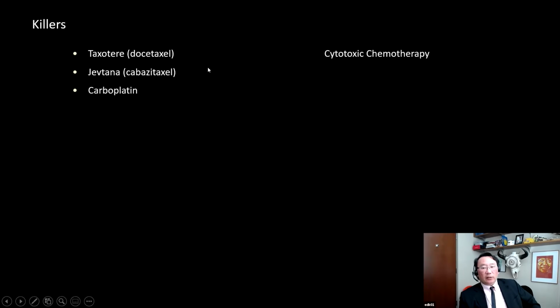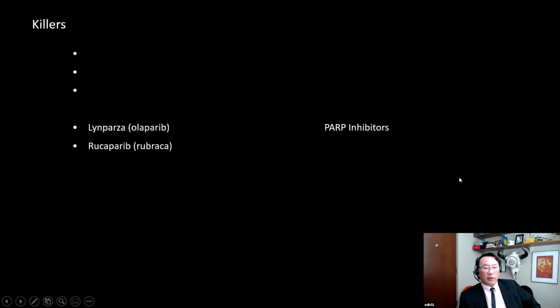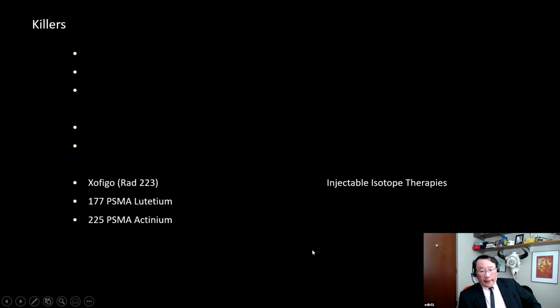In contrast, killers are cytotoxic chemotherapy. These are things that will actually poison the cells and kill them. Taxotere, Jevtana, carboplatinum are forms of cytotoxic chemotherapy. PARP inhibitors such as Lynparza or Rubraca are agents that mess with processes in the cells to cause the cells to die.